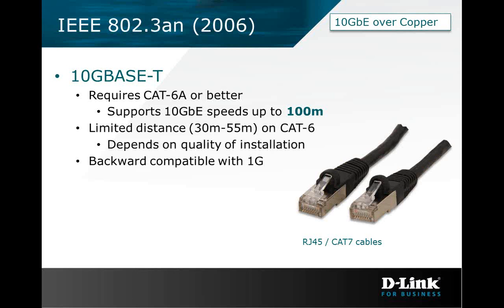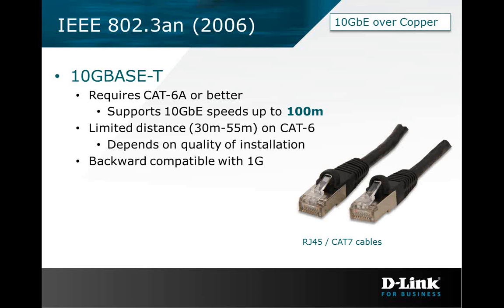We really have to pay attention to the quality of the installation. We have to make sure we understand how the cables are bundled and placed in the cable trays. So really, when we talk about 10GBASE-T, the recommendation is to make sure that we have Cat6A or Cat7 or better, to get that full 100 meters.